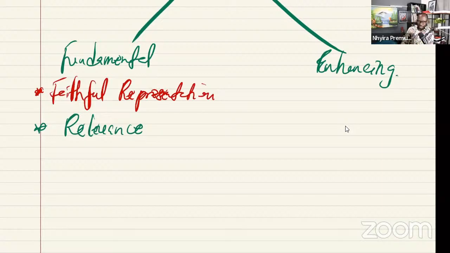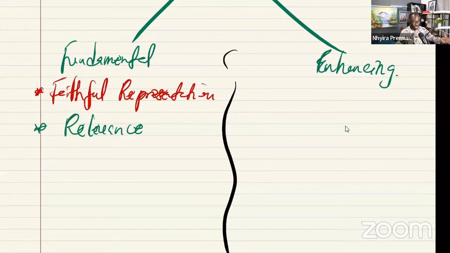But then the conceptual framework states that in addition to the financial statements being faithfully represented, which we will explain in a moment, and being relevant, there must be some other characteristics that augment and assist.